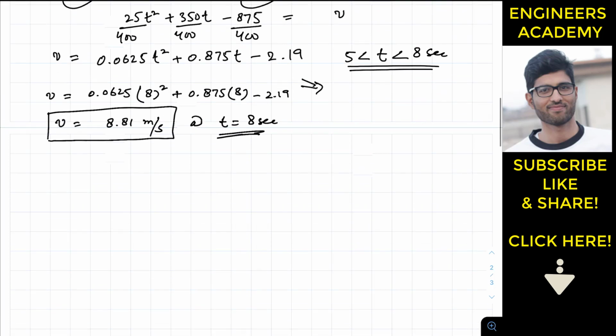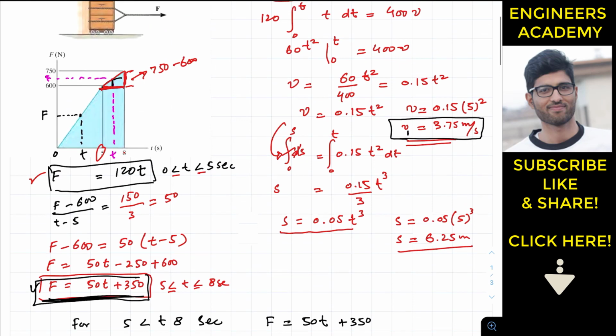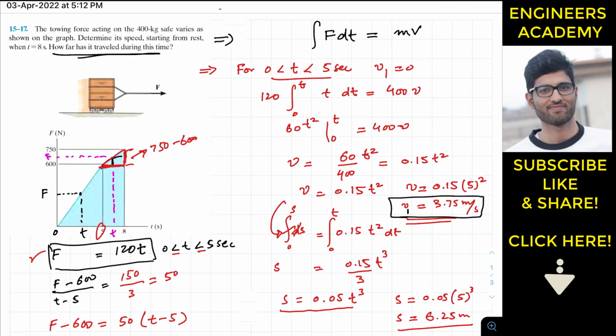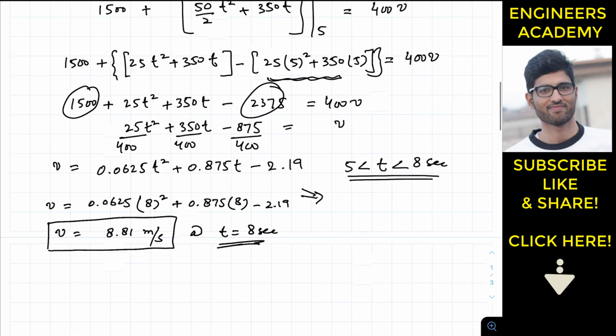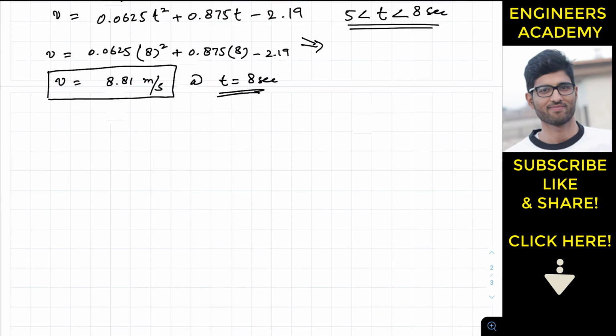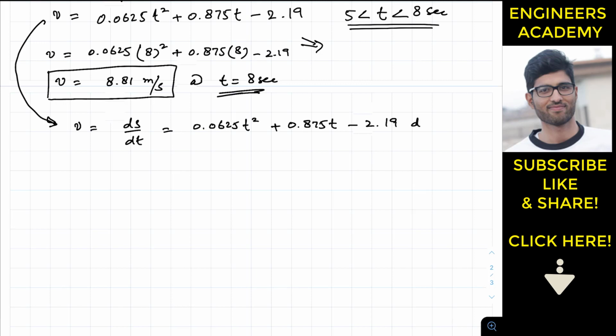Now in the problem statement it was required to determine the distance traveled. How far has it traveled during this 8-second time? So now we have to find the s of t equation using this velocity equation. We know that velocity is ds by dt equals 0.0625t square plus 0.875t minus 2.19, and if you multiply both sides of the equation by dt, you will have ds equals this.